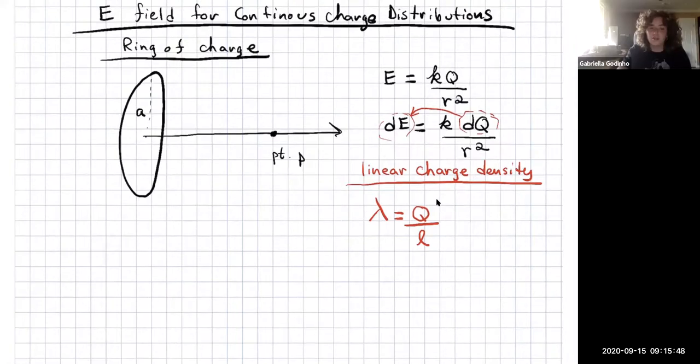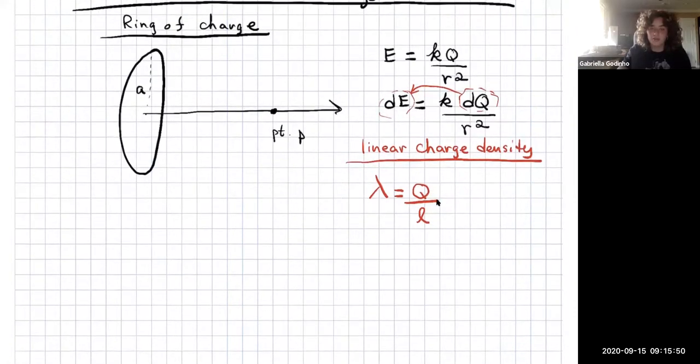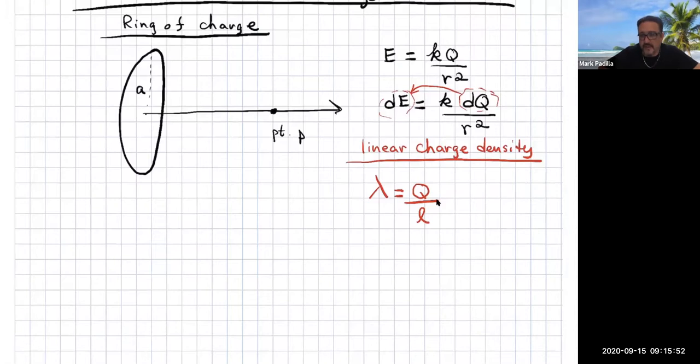Or you could just do linear density. How much of something do you have per unit length? How much of something do you have per unit area? How much of something do you have per unit volume? It's always linear density, area density, and volume density. Those are what you'll see time and time again throughout any type of engineering program. So this is our linear charge density.